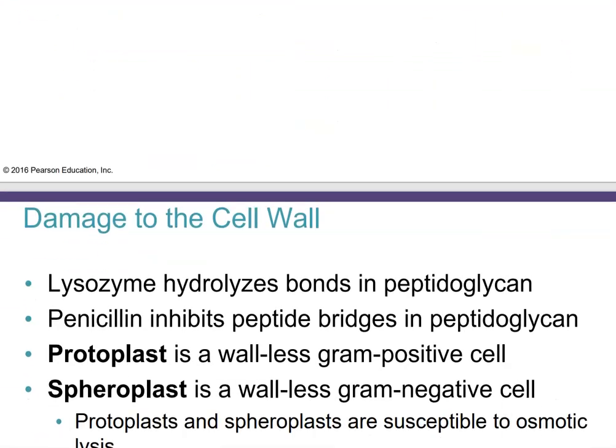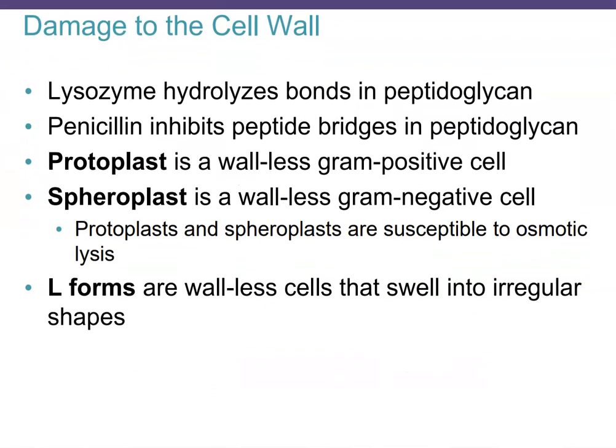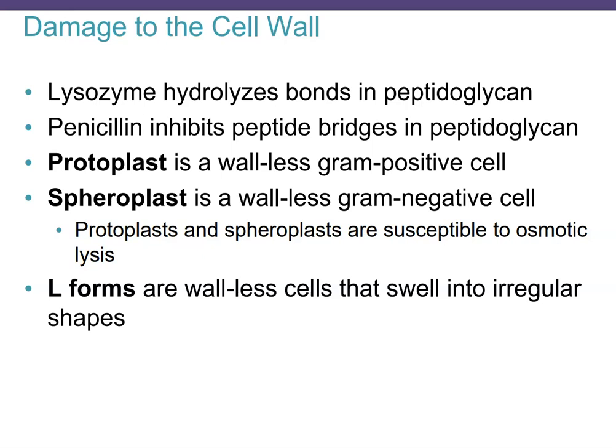Okay, damage to the cell wall. A lot of antibiotics try to attack the cell wall, and it works specifically well with the gram-positives, but we'll get to that. We have a whole lecture on how penicillin works. Lysozyme is an enzyme that we also have in our mouth. It hydrolyzes the bonds in the peptidoglycan, and so keeps your bacterial population in your mouth in check.